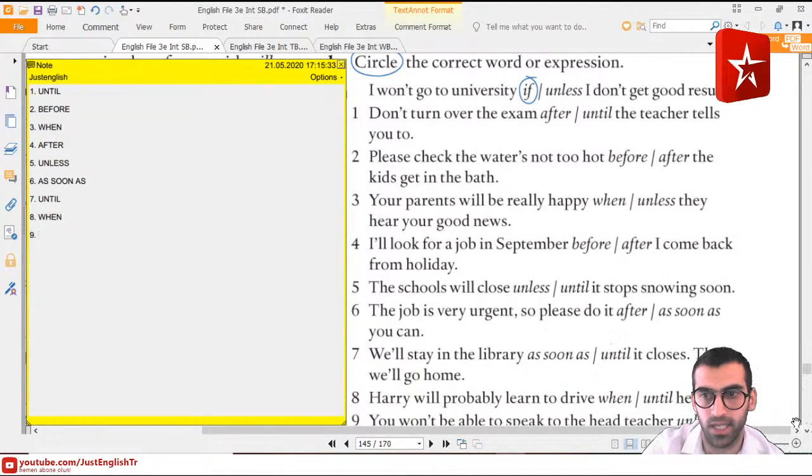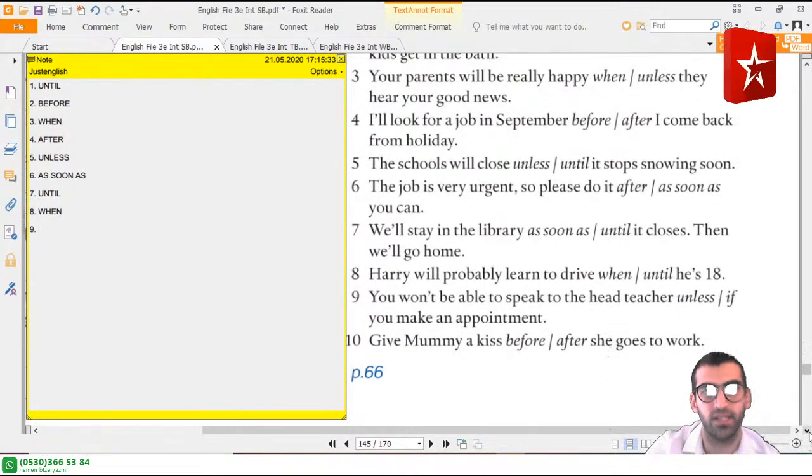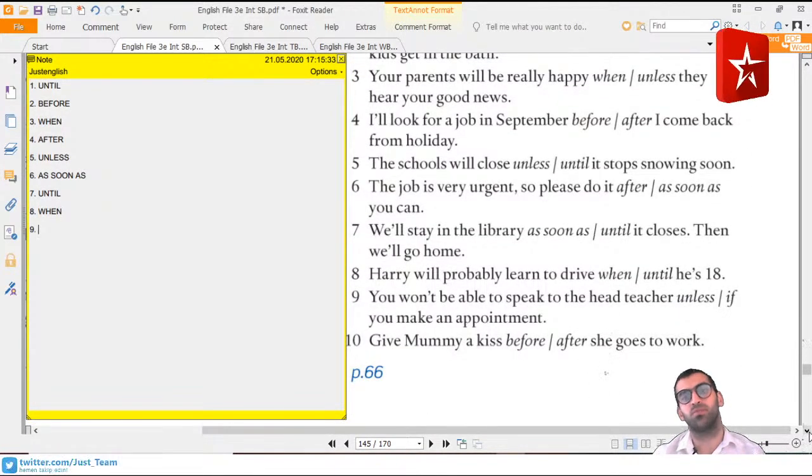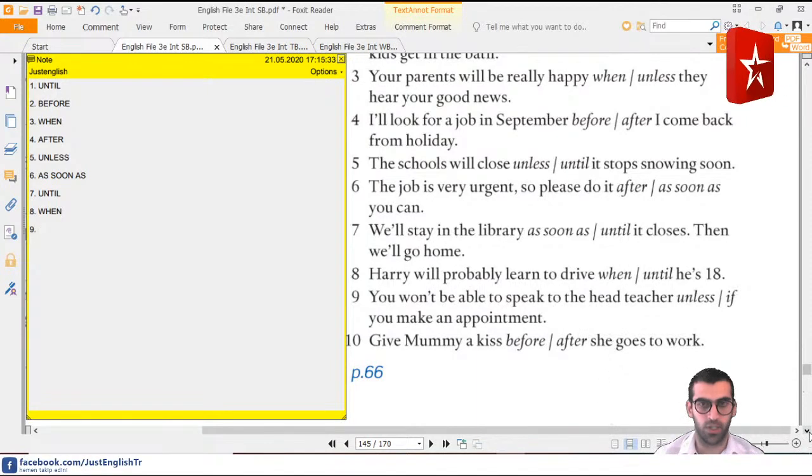Great. And let's continue with number 9. You won't be able to speak to the head teacher unless or if you make an appointment. So which one is correct?